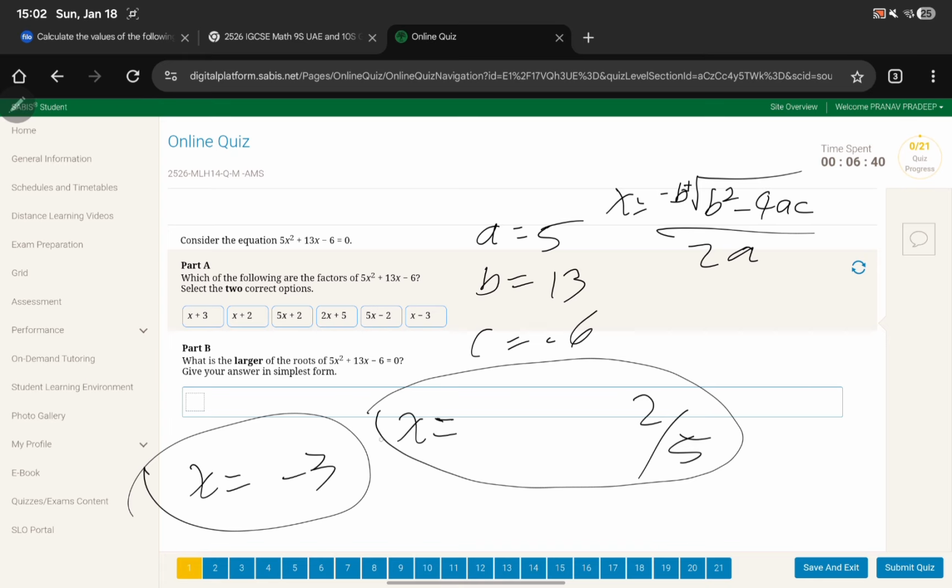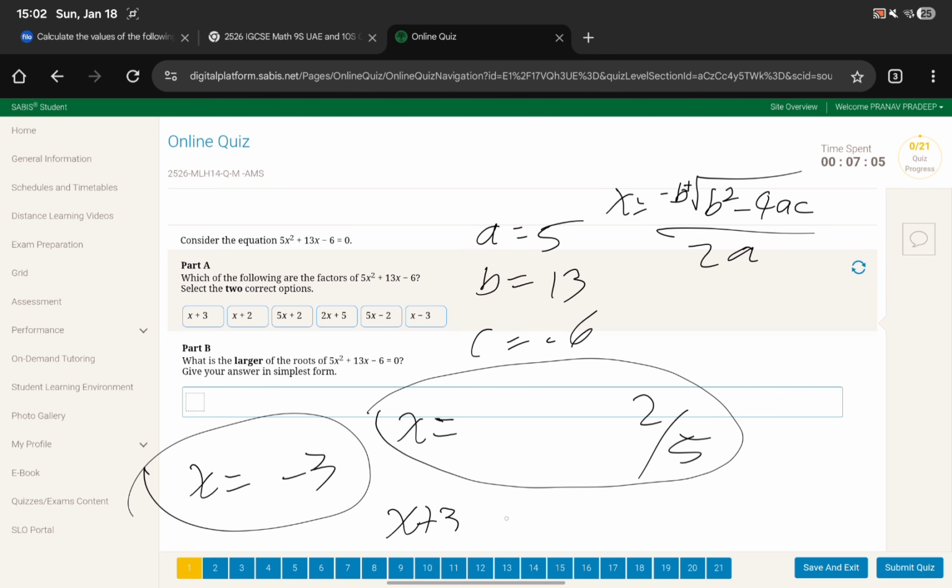Now they're asking for the options, so the answers are x plus 3, because if you put negative 3 here, it ends up being 0. So x plus 3 is one of our options.